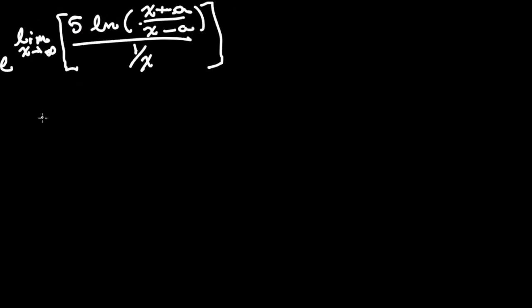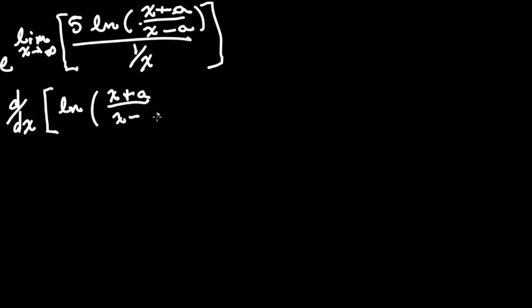So when applying L'Hopital's rule, we're going to need to take the derivative of the top and the derivative of the bottom. So to take the derivative of the top, we're going to need to take the derivative of ln of (x plus a) over (x minus a).